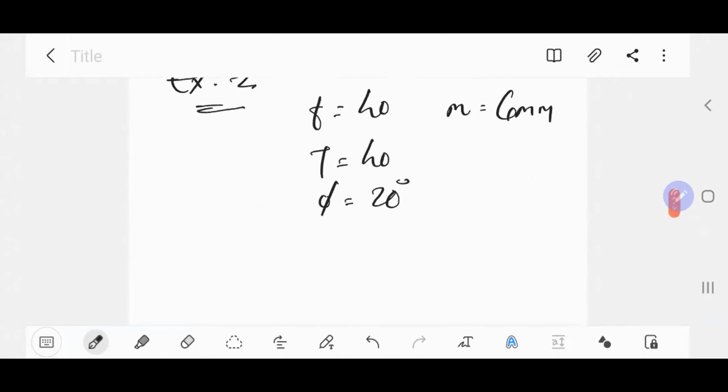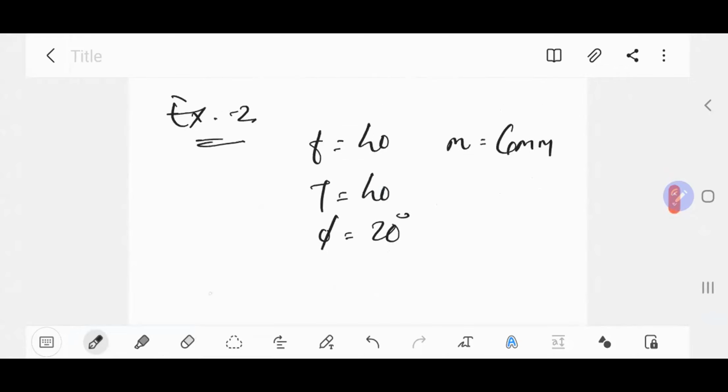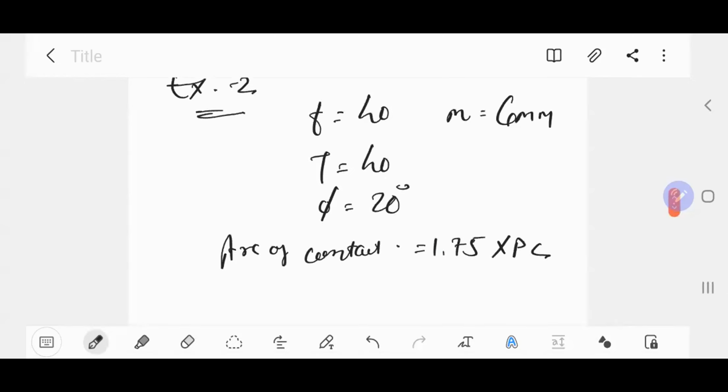Anything else? Arc of contact is 1.75 times PC. This is given in the question, right? This is known as the given data.